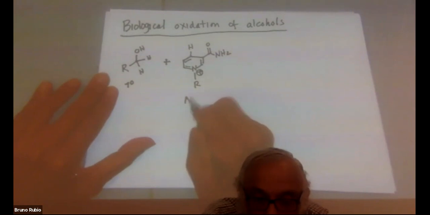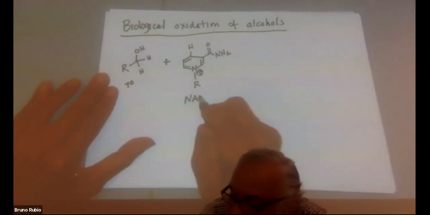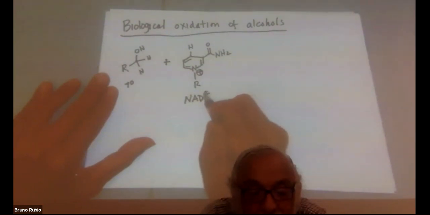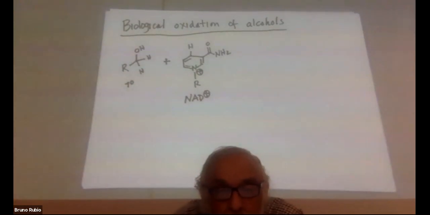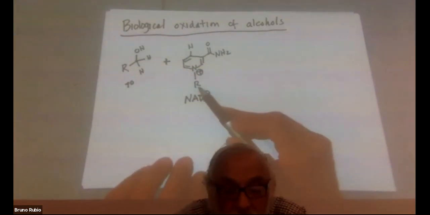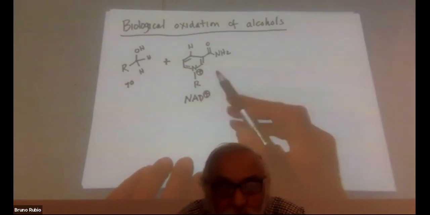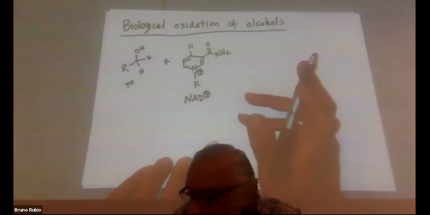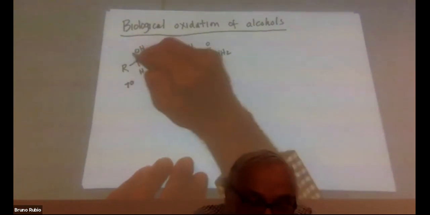This is called NAD+, nicotinamide adenine dinucleotide. This R group is complicated; it has a carbohydrate residue and also adenine, which is one of the nitrogenous bases of DNA.